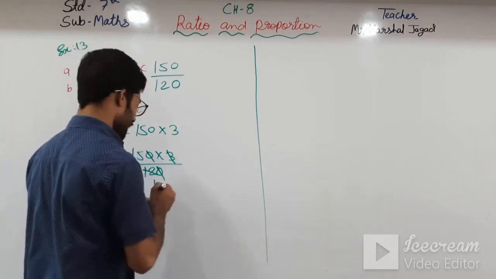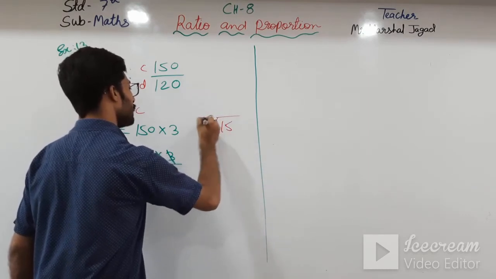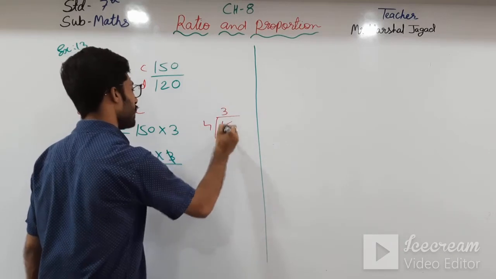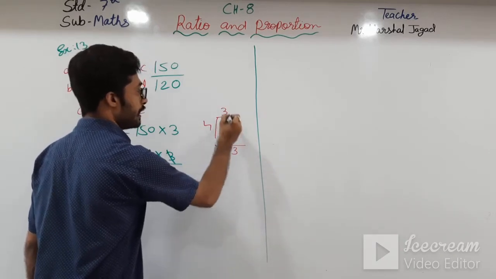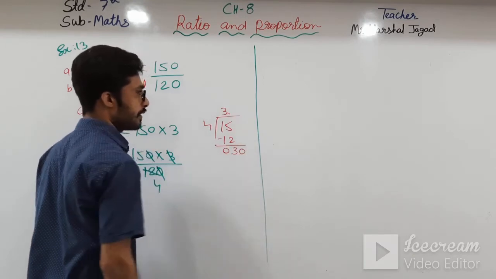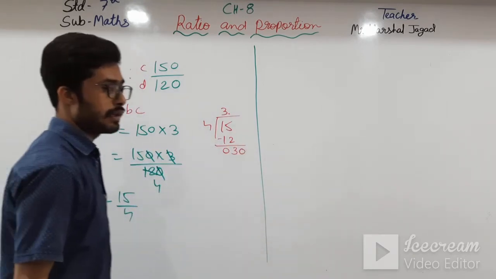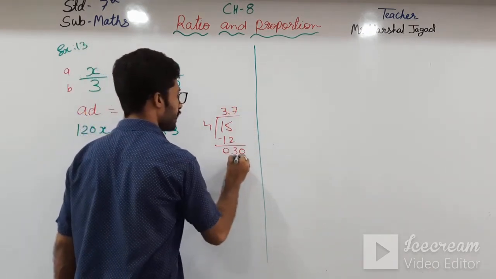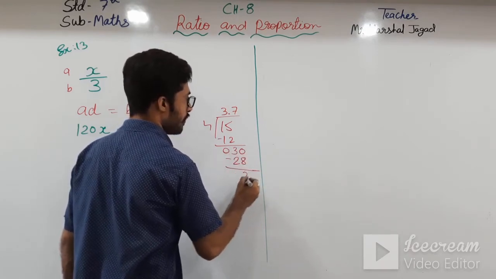So dividing that, 15 by 4. 4 1s are 4, 4 3s are 12, here remains 3. Here putting a point, over here 0. 4 5s are 20, 4 7s are 28, here remaining 2.